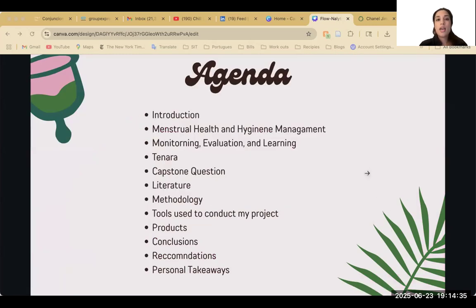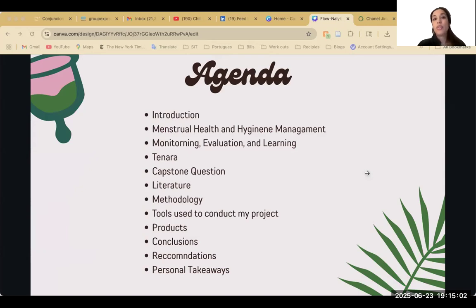So in this presentation, I'm going to go through introductions, menstrual health and hygiene management information, monitoring, evaluation, and learning information, the subject of my capstone, which is an organization with the pseudonym Tenara, the capstone question that I chose, the literature.